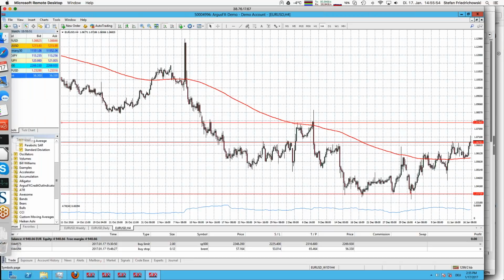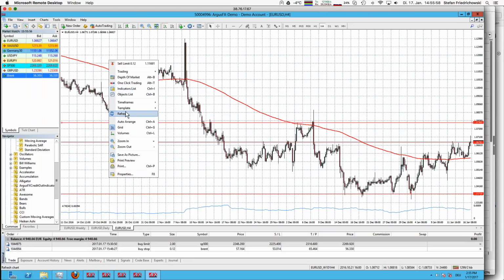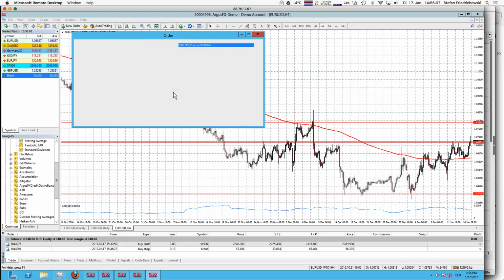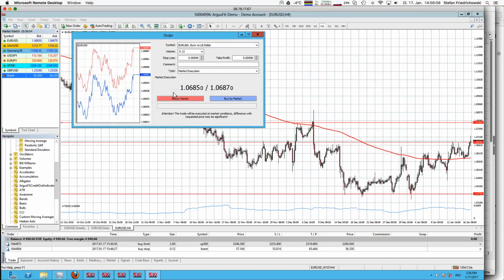Good. Let's try. We open an order, and the next trade is a market order. Lot size first, 0.07.